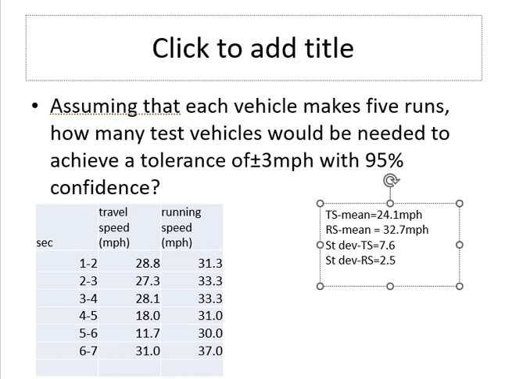Now, number of values according to travel speed, number of values according to running speed. How much? This is the equation. E is 3.